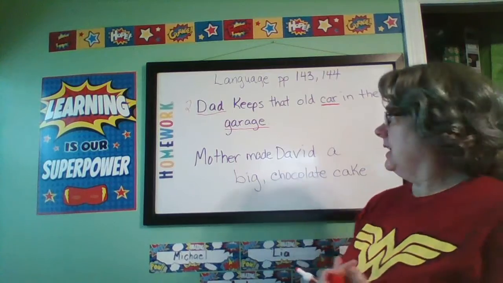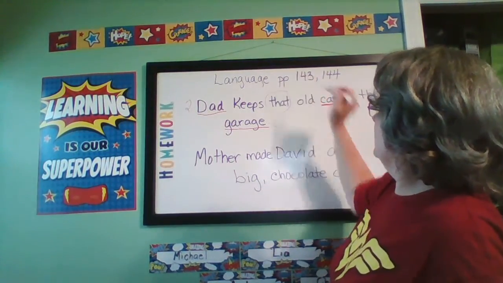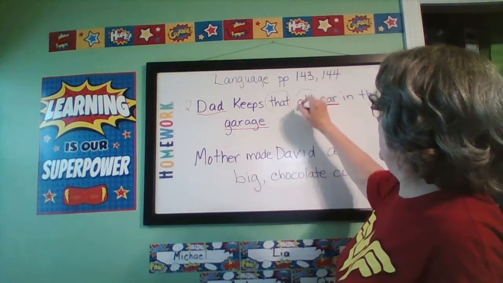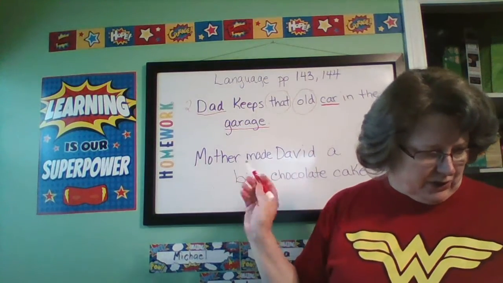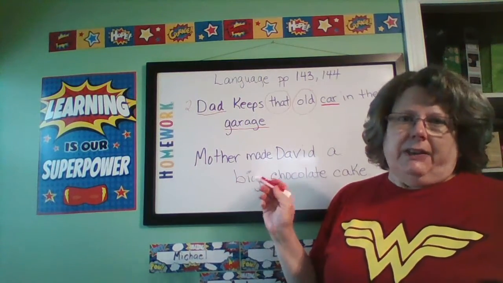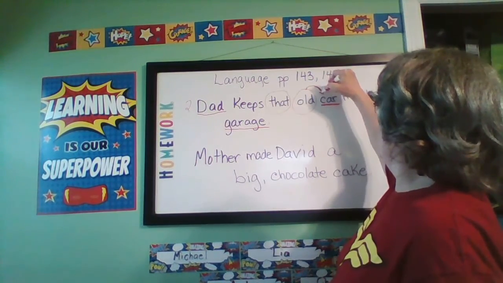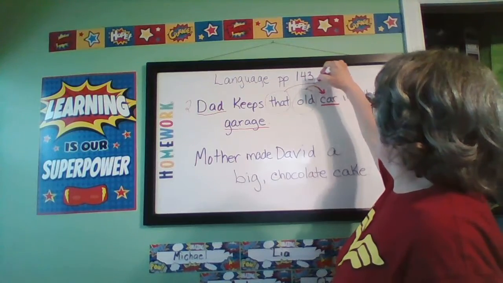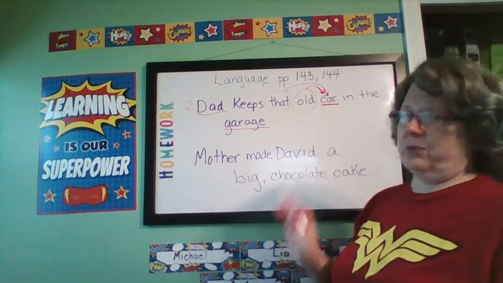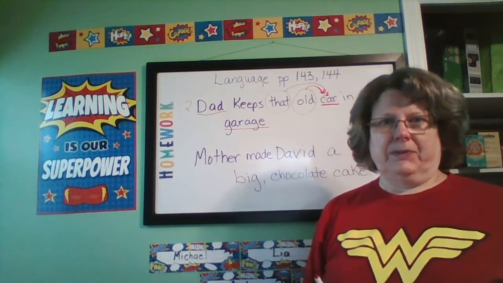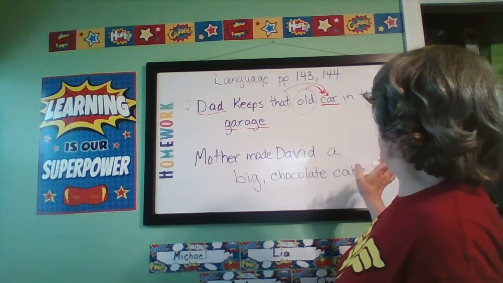I have a which one, that, and I have a descriptive, old, or what kind. So what I'm going to do is circle the adjectives that describe the car. Then I'm going to draw a line from those adjectives to the noun that they are referencing. Okay, so that old car, those are the words that describe the car. And then my last noun is garage, and I don't have any adjectives that describe garage.